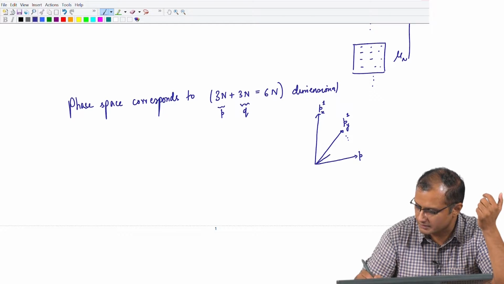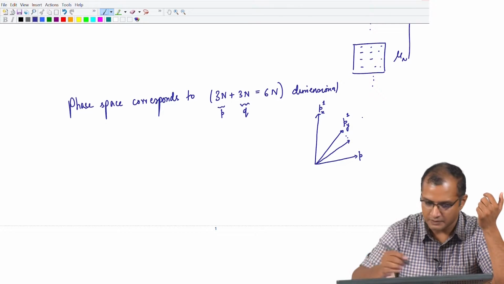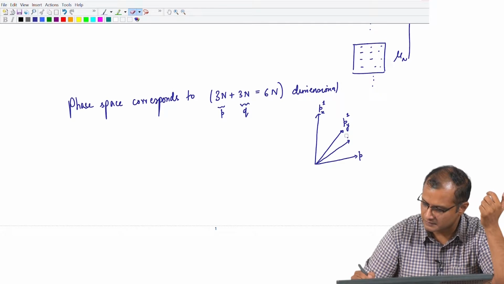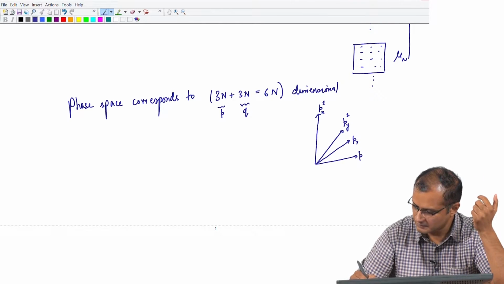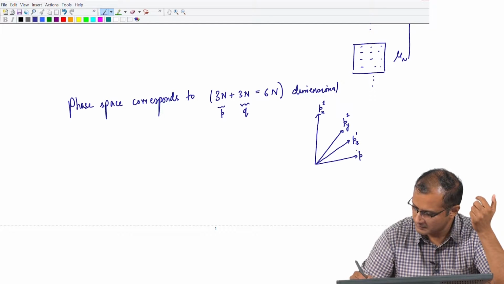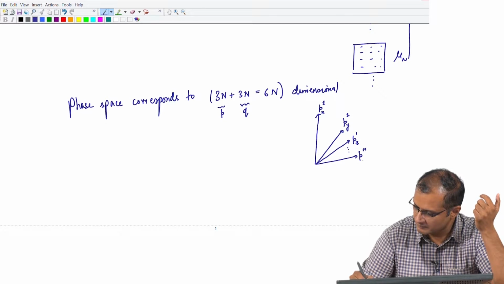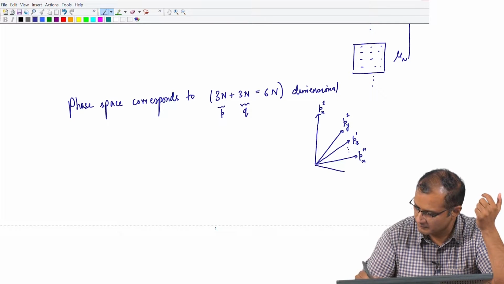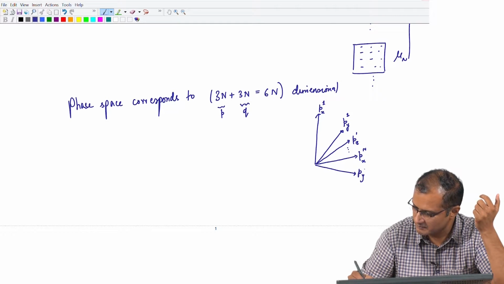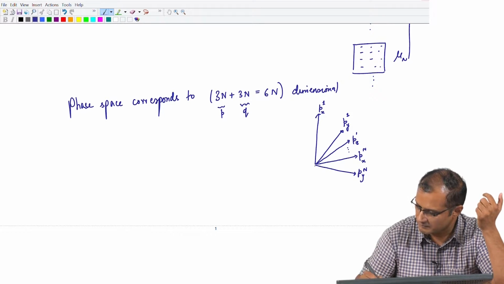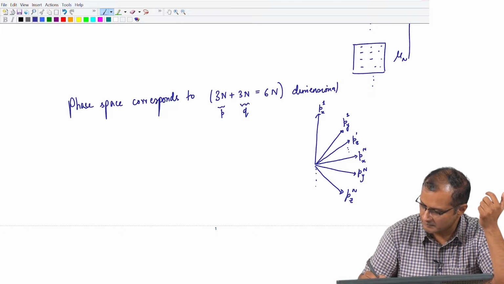You can take one more here. So, you can take the 3N degrees of freedom and now you can also take the position coordinates.